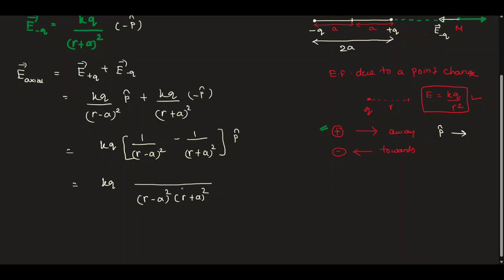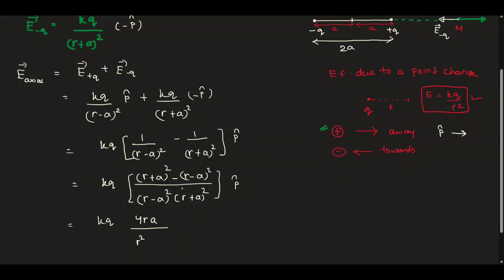In the numerator, you will get R plus A whole square minus R minus A whole square, whole into P cap. That equals KQ, where R plus A whole square minus R minus A whole square will be 4RA, divided by, in the denominator, R minus A whole square into R plus A whole square.